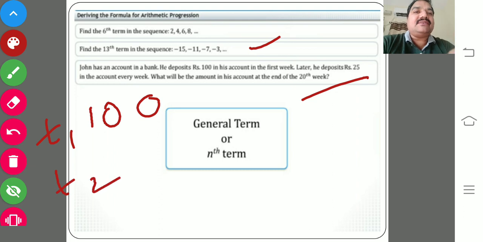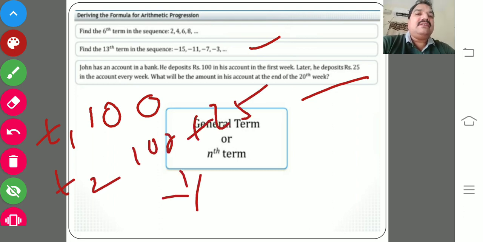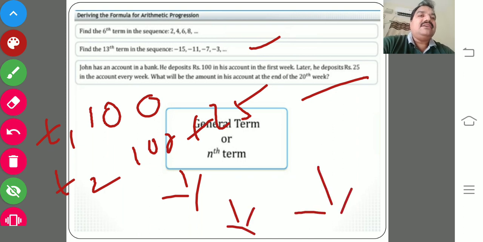T2 is 100 plus 25, and the next one, and the next one. I have to write up to the 20th week. It's not possible. So we need to find a formula for such types of problems. Understand, children? So why should we wait? Immediately we can find the solution.